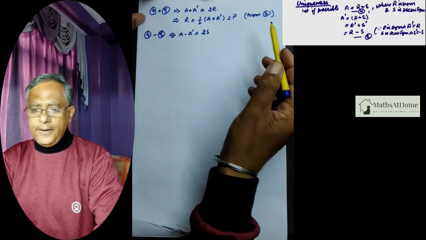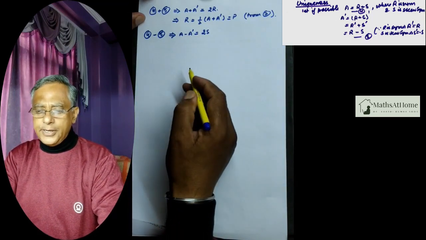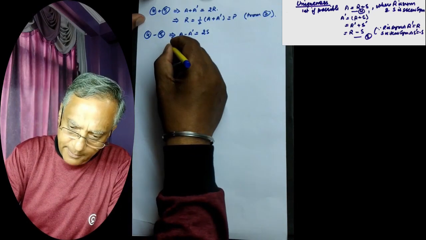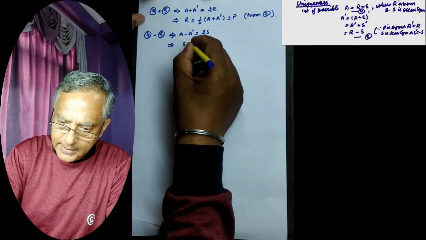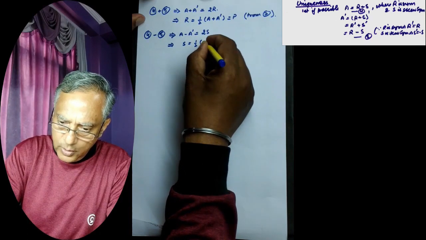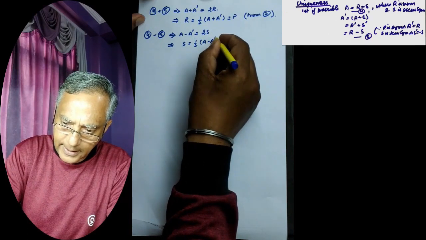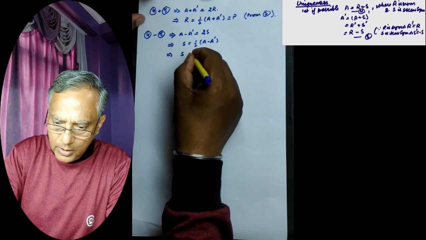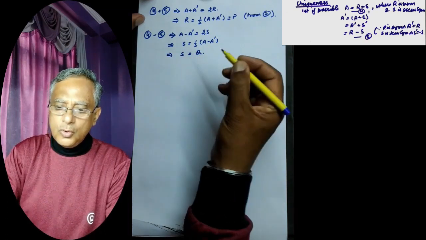This implies S is equal to 1/2 into (A - A'), and this implies S is equal to Q.